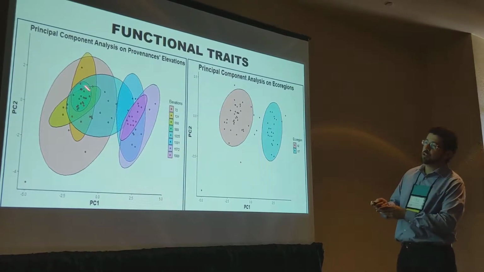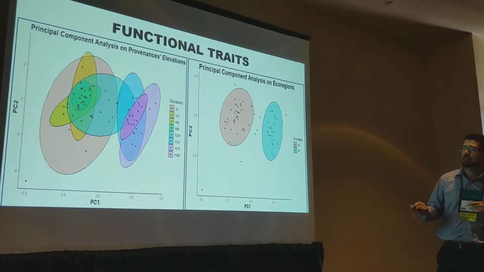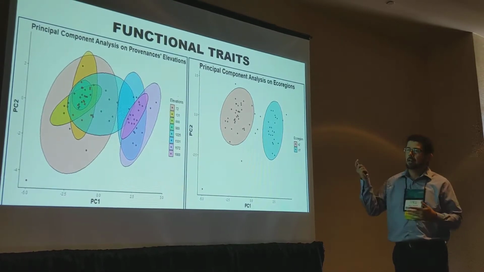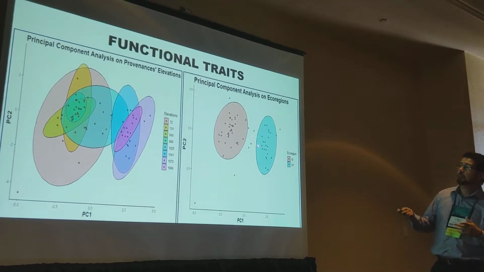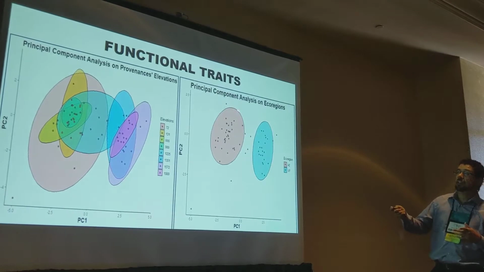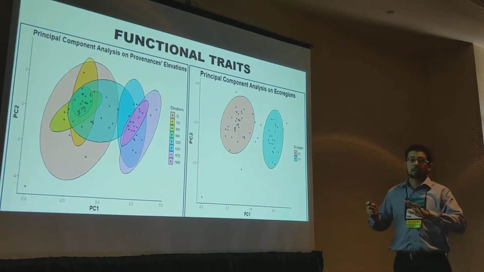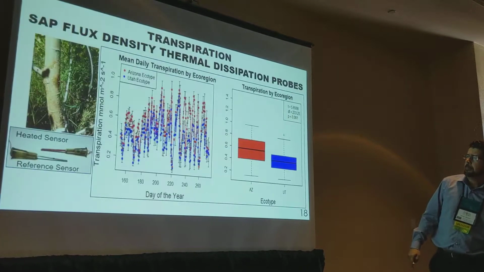The only population that goes in between is the San Pedro River, southeast from here. That's in between because this is 12 meters elevation, so it's kind of between high and low elevation. But when I do the same exercise by ecoregion, the definition is clear, and this is a 95% ellipse, so they are very distinct strategies for water use.